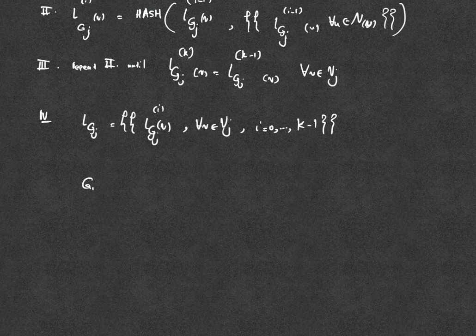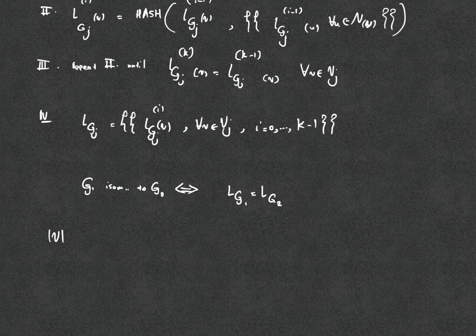And then you say that G1 is isomorphic to G2 if and only if these two multisets are equal. And this algorithm is known to converge in at most V iterations.